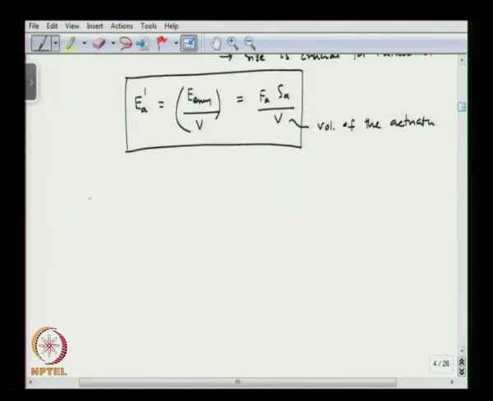So, now let us find the energy of thermomechanical actuators. The energy is given by the expression half into stress into strain.